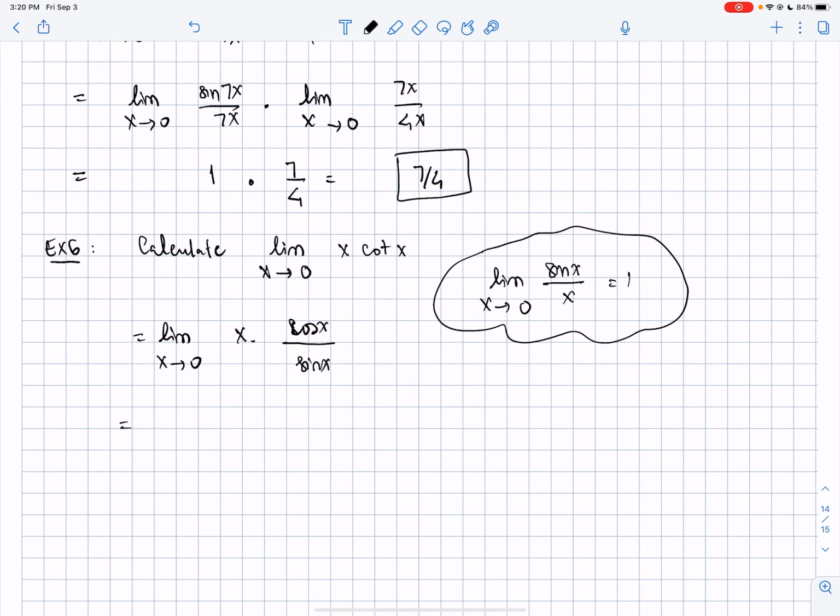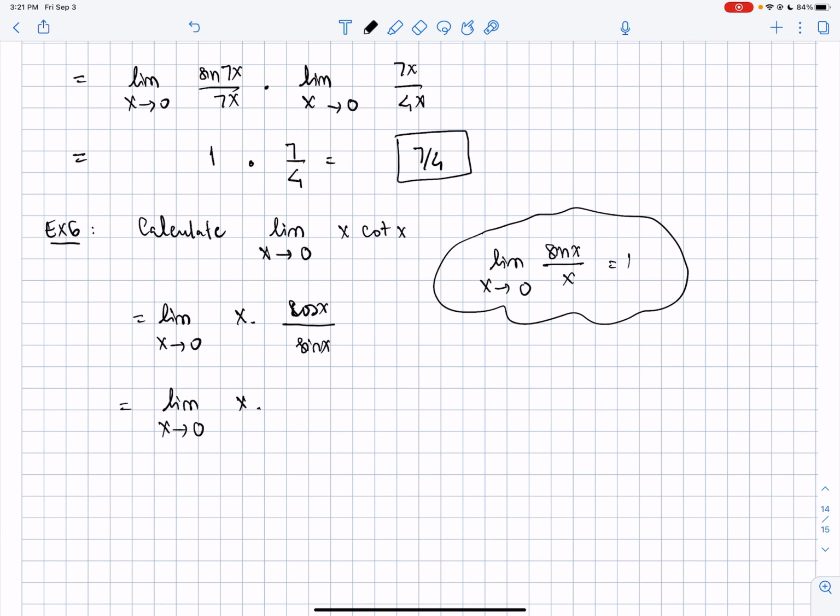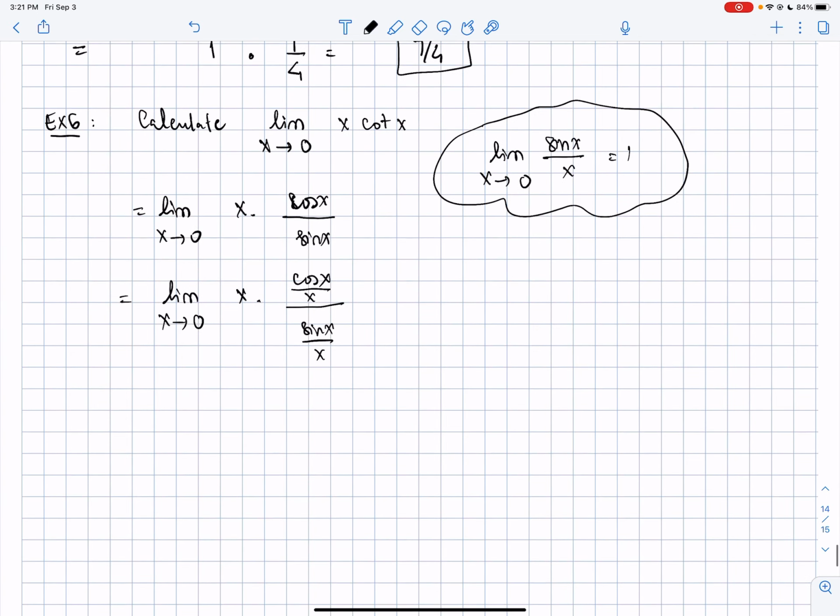So we need to make it like that, right? So the limit of cosine of x over sine of x, and then I'm going to divide top and bottom by x, so that I have sine of x over x in the bottom. Like this.